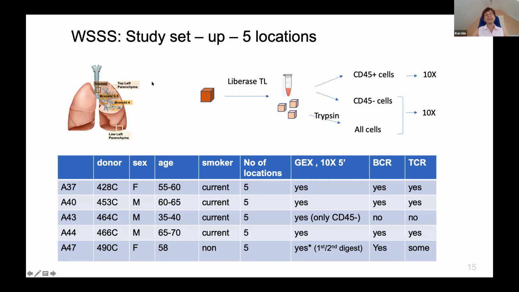So the study we had set up for the biological question was actually to look at different areas of the lungs. We wanted to look at the trachea, the primary bronchi, the lower airways, and then the lower left and top left parenchyma. And we carried this out in 5 individuals.